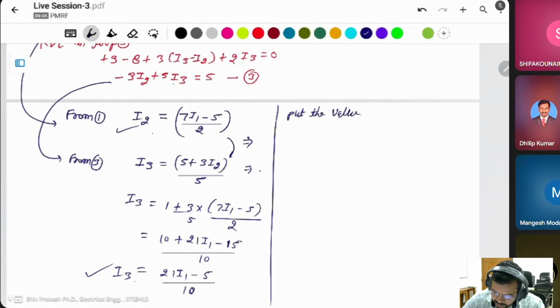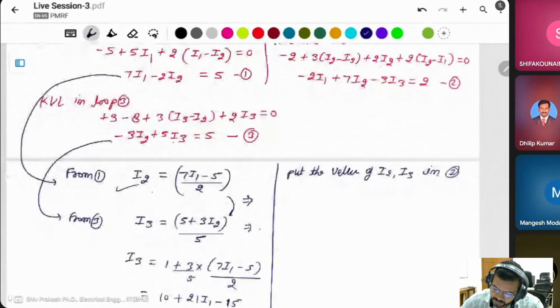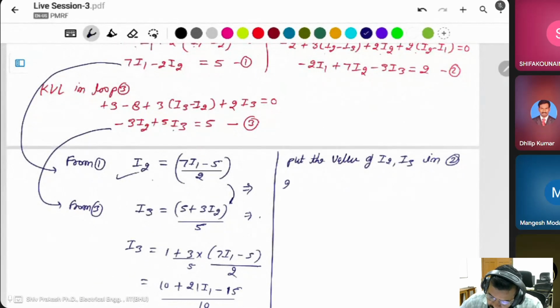Put the values of I2 and I3 in the second equation. There will be 2 equals minus 2 I1 plus 7 I2, in terms of I1, that is 7 I1 minus 5 divided by 2, minus 3 I3.